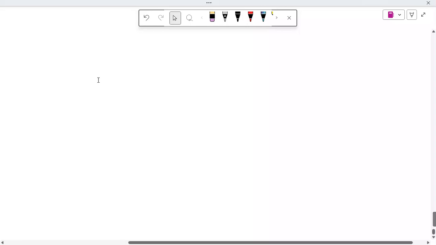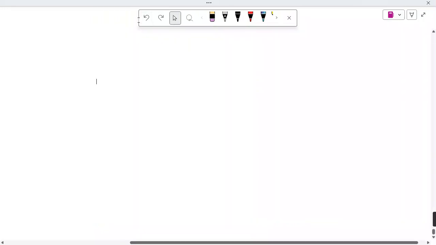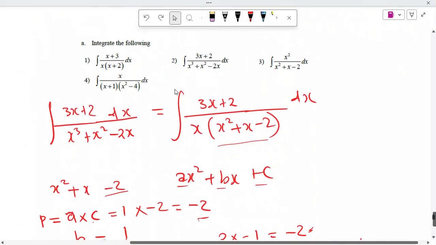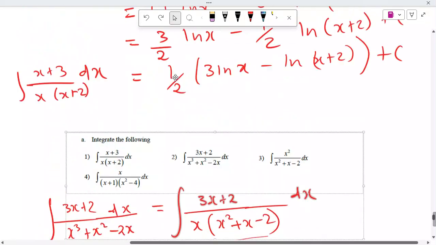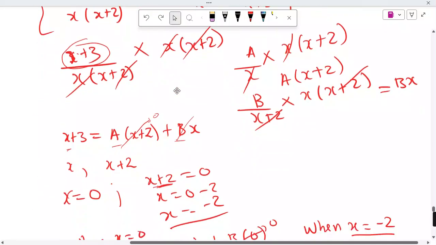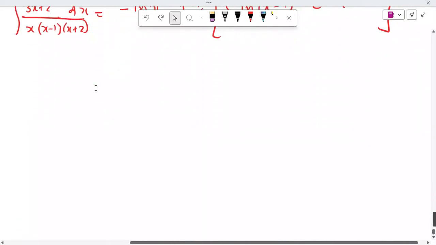Okay, so we'll continue solving from where we ended.